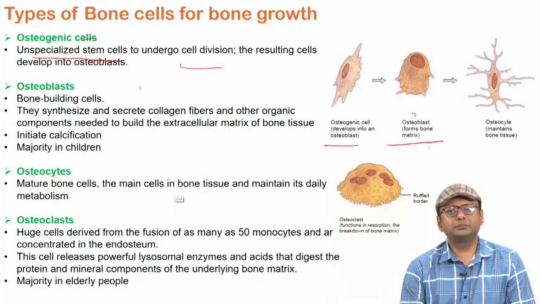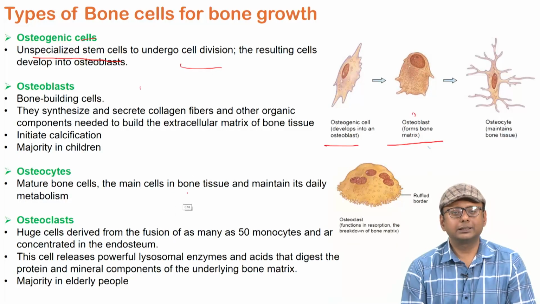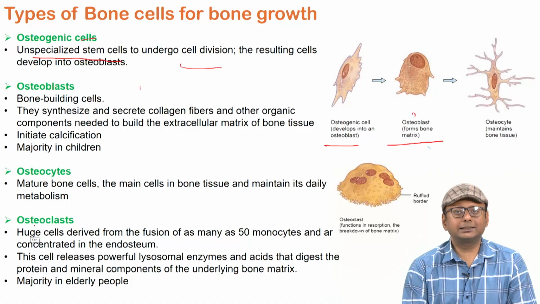When the bone cells mature, these osteoblasts convert to osteocytes, and the osteocytes maintain the daily metabolism. And then the osteoclast is another type of cell.